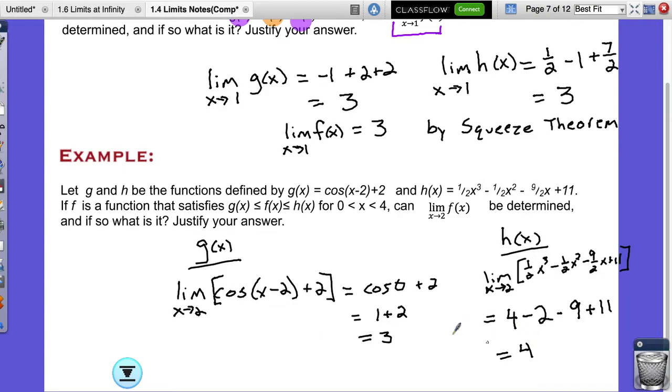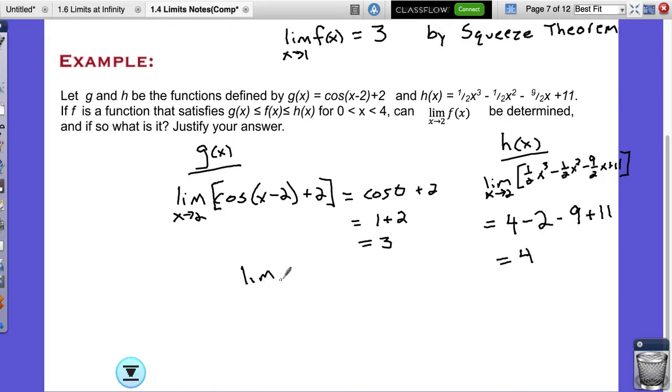All right, and since these are not the same, we know that the limit of f of x as x approaches 2 cannot be determined, at least by squeeze theorem.